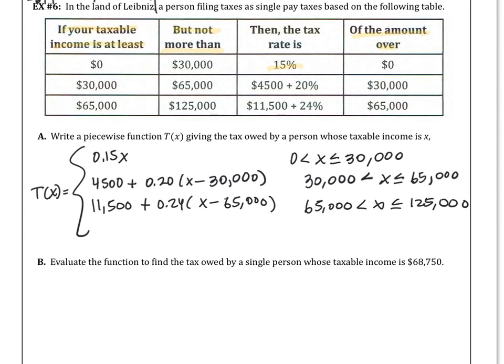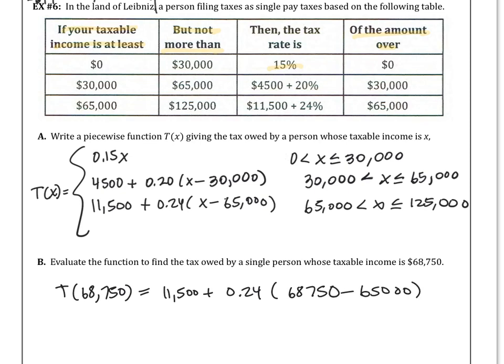Evaluate the function to find the tax owed by a single person whose taxable income is $68,750. All right, so that means if I want to find the tax for $68,750, then that is in this last one, right? So it would be 11,500 plus 24% of the part that is greater than 65,000.